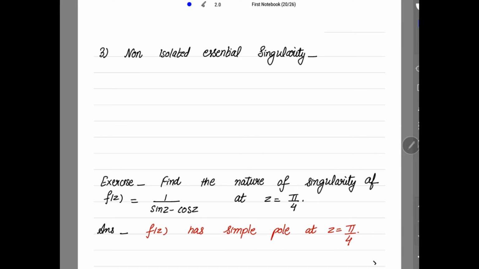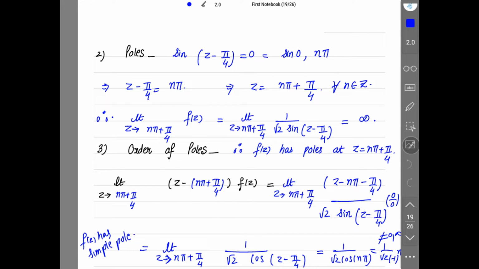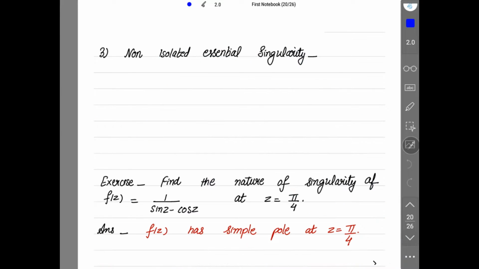Now, if you check this limit, as n is tending to infinity, z is tending to infinity, right? As n is tending to infinity, z is tending to infinity. What sequence of poles are we having?